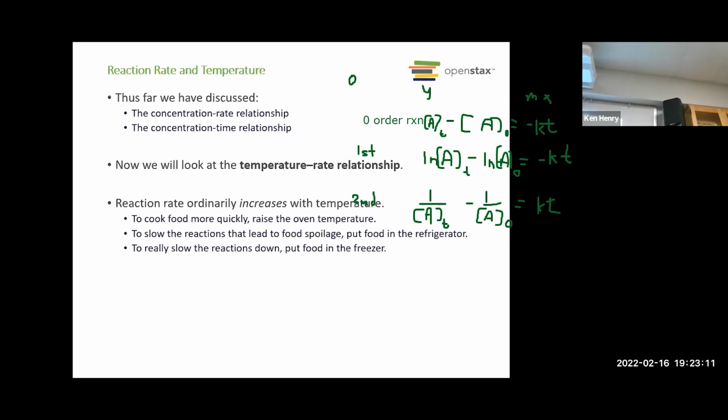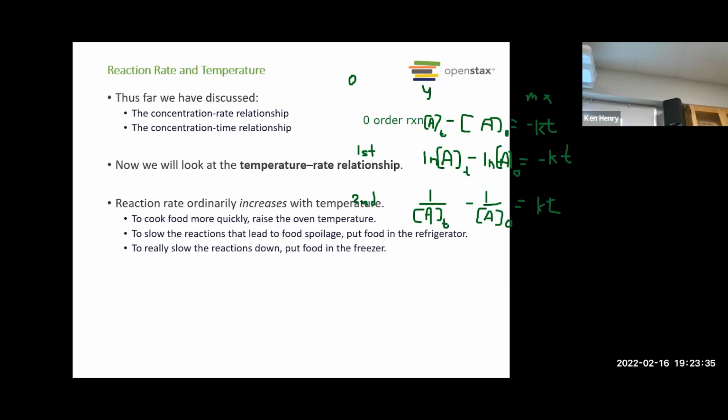So if we sit there and think about it, if we raise the temperature when cooking food, our food cooks faster, right? So that is an example of a reaction going faster.